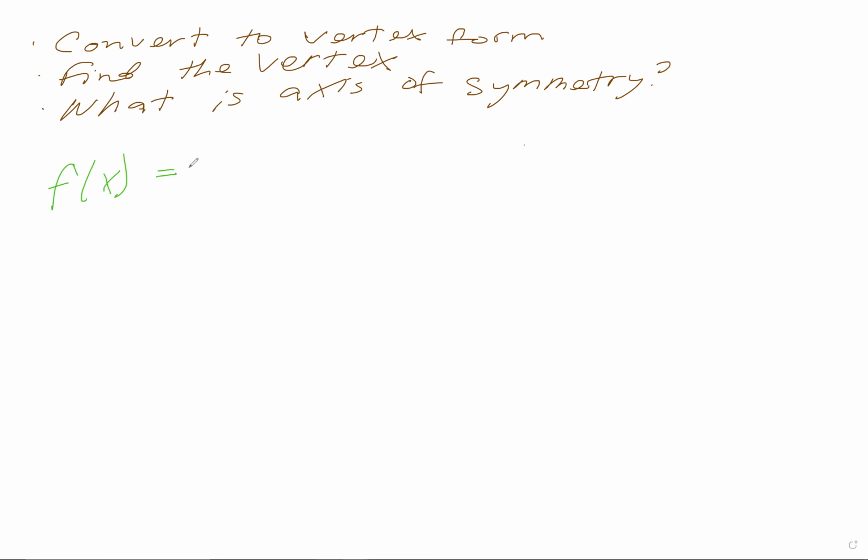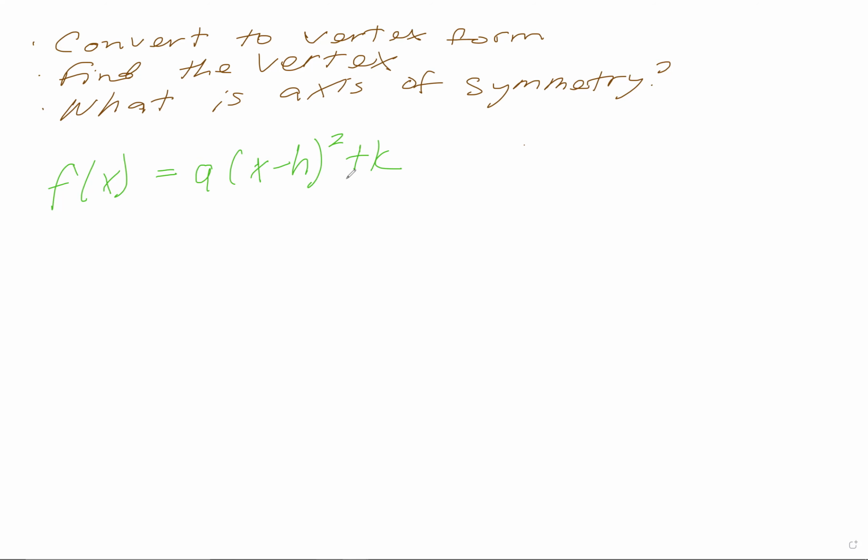A times (x minus h) squared, plus k. We're going to ignore the b for now. So this is very basic because this part tells you your left and right, this tells you your up and down, and this tells you your dilation.